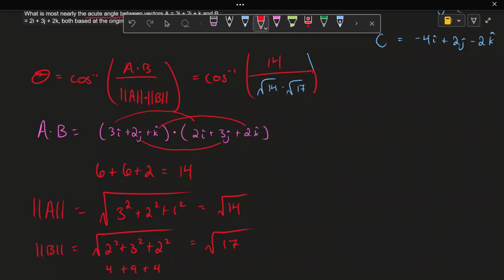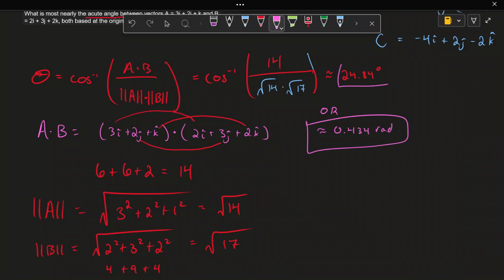And what I end up getting here is about an angle of 24.84 degrees. So we're going to get an answer in degrees. You can have this in radians too, so you could say this is equal to this, or it's about 0.434 radians.